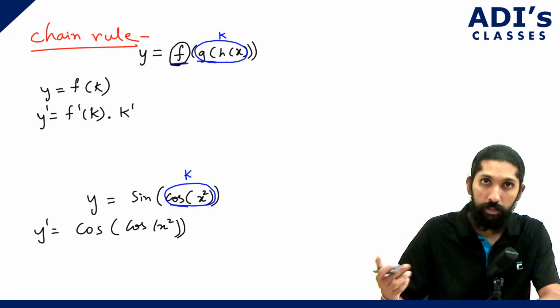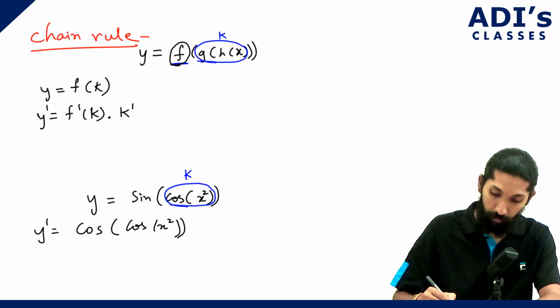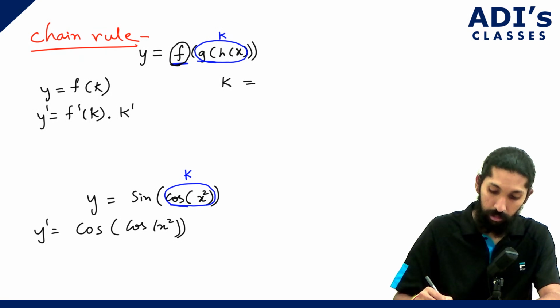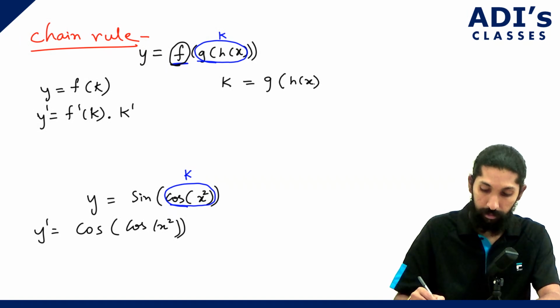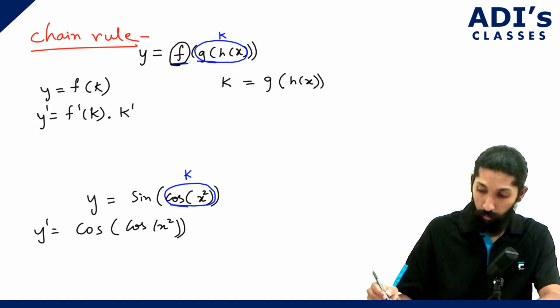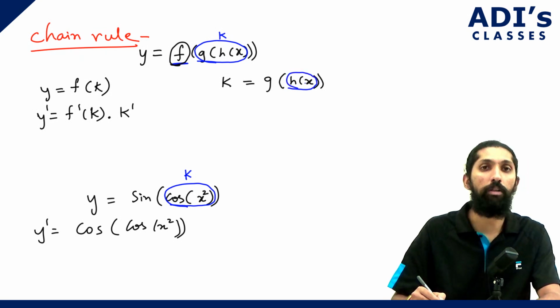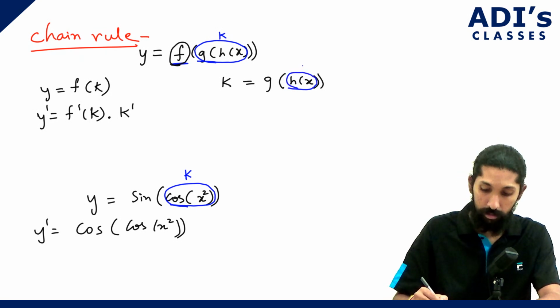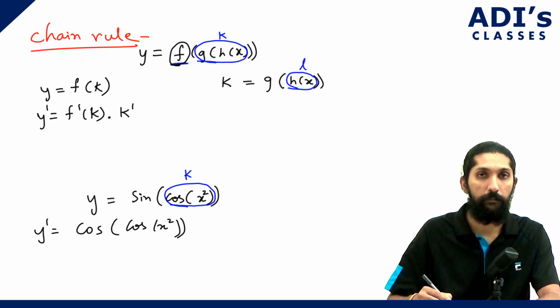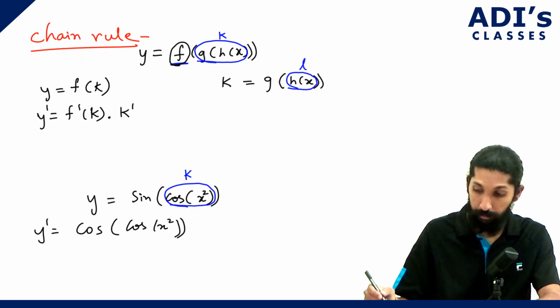Now, what is k dash? Now we'll calculate what is k dash. So k is nothing but g of h of x, isn't it? Now what we'll do? See this h of x. So call this as some other function. Let's say we'll call this as L, some value L. All right.